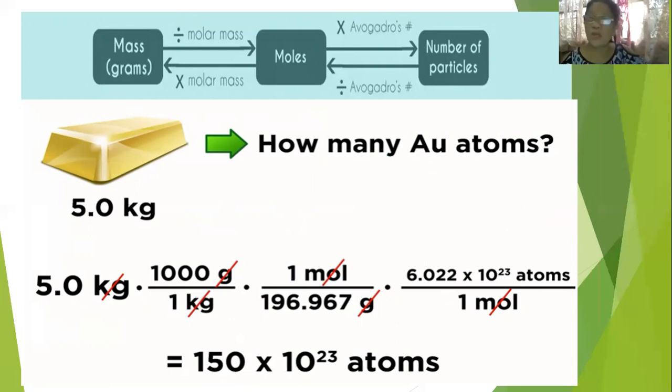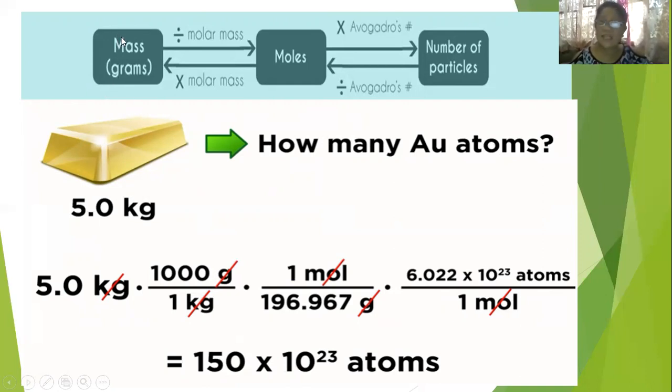Now, how about if we are going to have a number of atoms? For example, how many gold atoms are there in 5 kilograms? Okay, take a look. It is atoms. Here in the conversion, this is our guide.